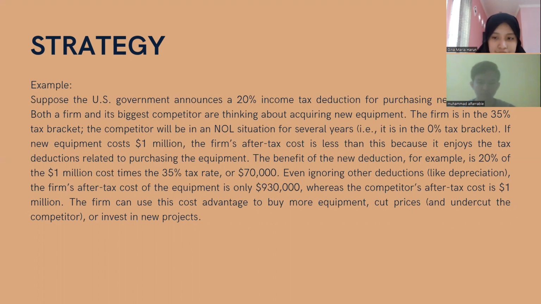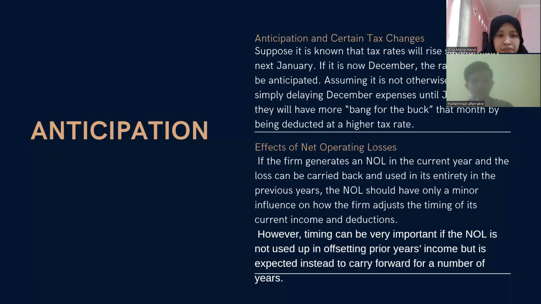Even ignoring other deductions like depreciation, the firm's after-tax cost of the new equipment is only $930,000, whereas the competitor's after-tax cost is $1 million. The firm can use this cost advantage to buy more equipment, cut prices and undercut the competitor, or invest in new projects.